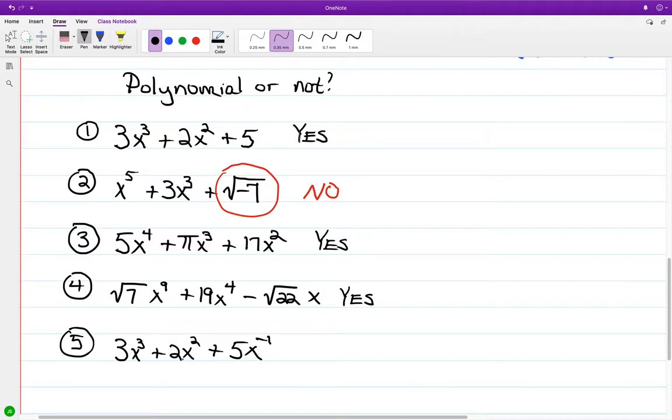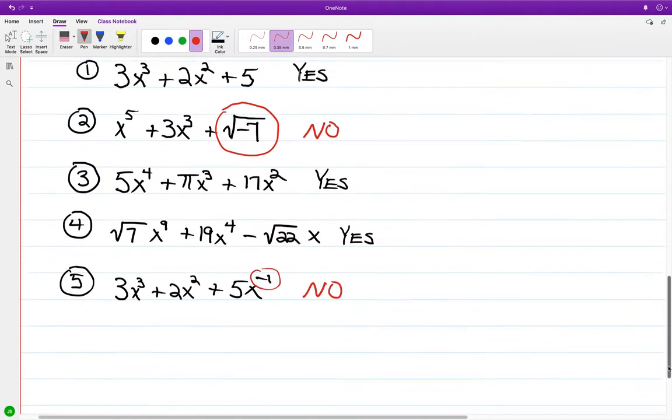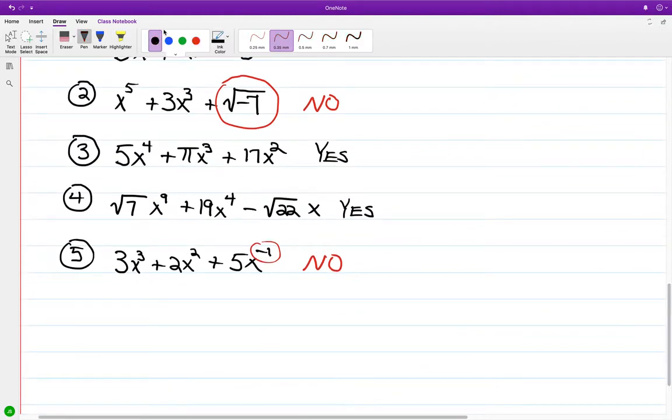But now for the degrees of which we have x to be raised, we have to the 3rd power, 3 is a whole number. 2nd power, 2 is a whole number. But for -1, it is an integer, but it is not a whole number since the value is negative. And because of the -1, this is an expression that does not qualify as a polynomial.